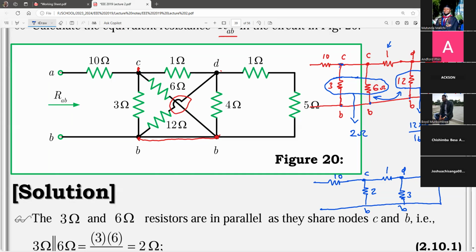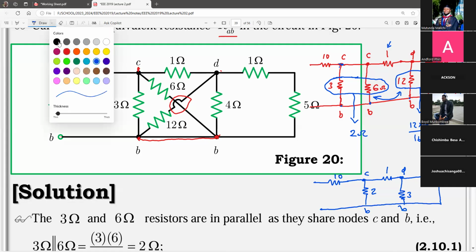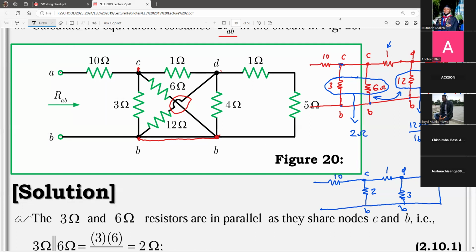Again, 6 and 3 are connected in parallel because both of them are connected to D and B. Meaning the equivalent resistance is 2 ohm.